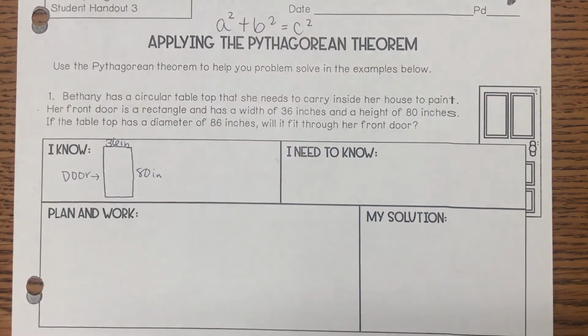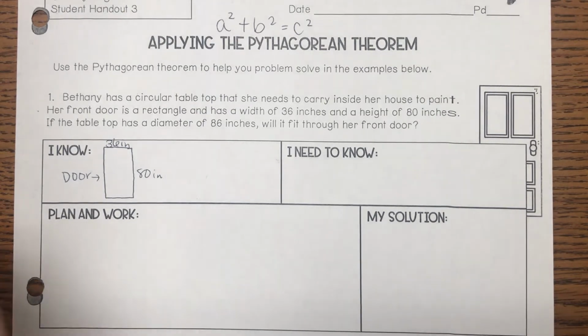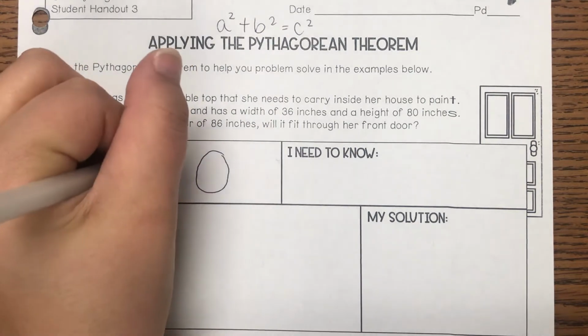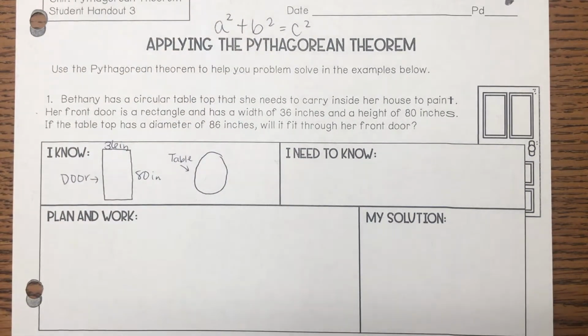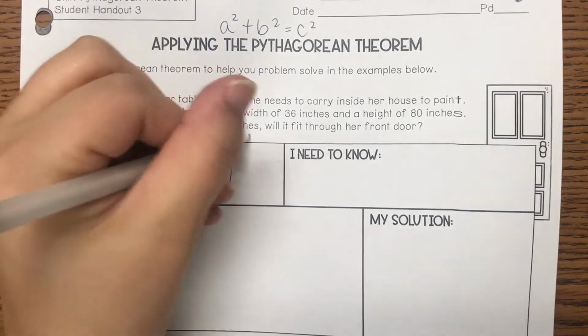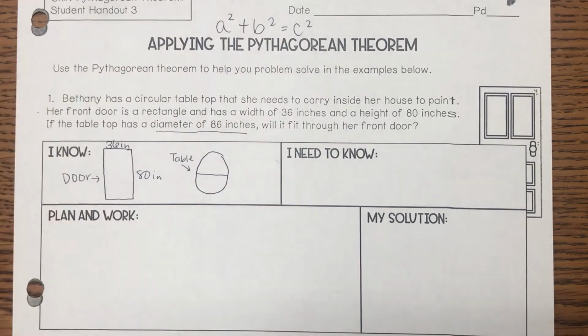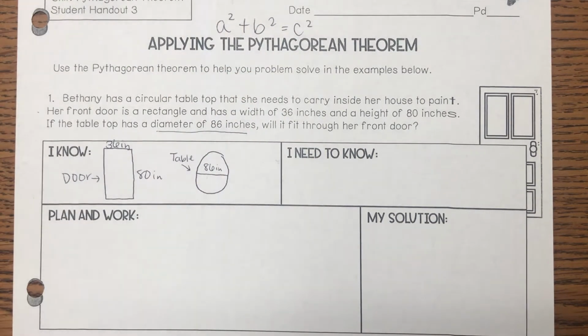I also know that I have a circular table. So here's my table. And I know that my table has a diameter of 86 inches. Now remember, diameter means all the way across your circle. So my diameter is 86 inches.